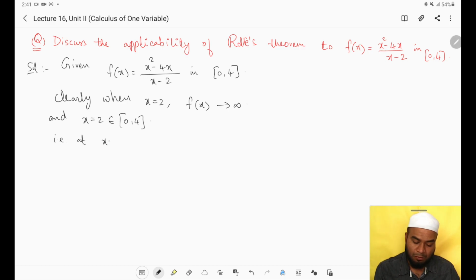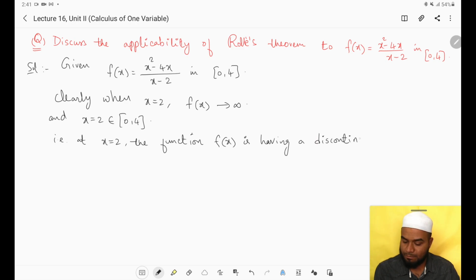So at x equals 2, the function f of x is having a discontinuity, right?